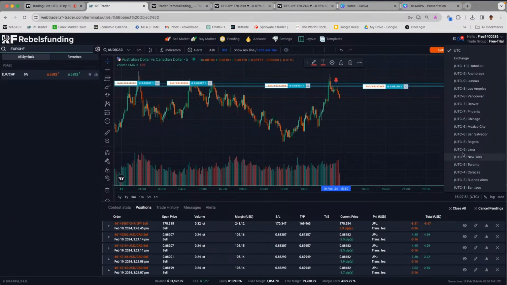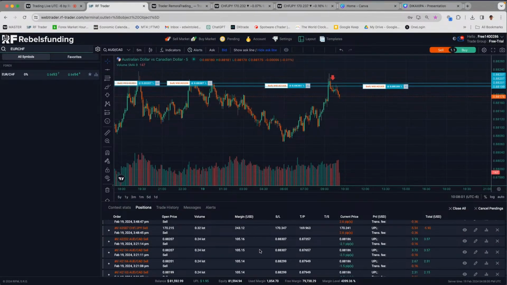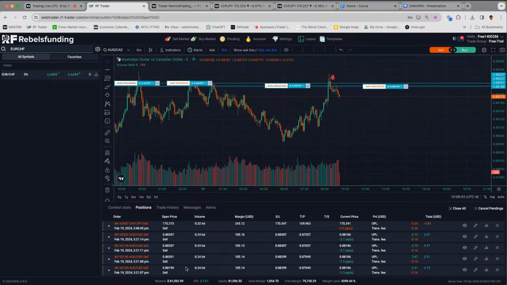Let me get UTC-6. Where did we enter? Let me see if this tells me something, right? Because that's AUD cut and it says 321, so maybe 921, right? So we entered about here, I think.